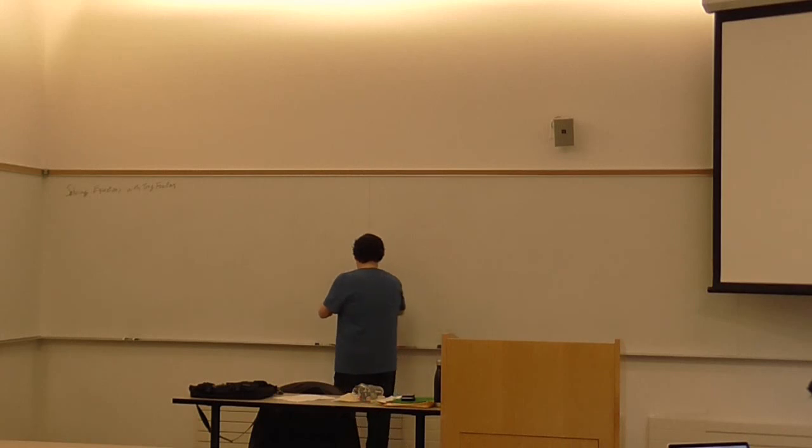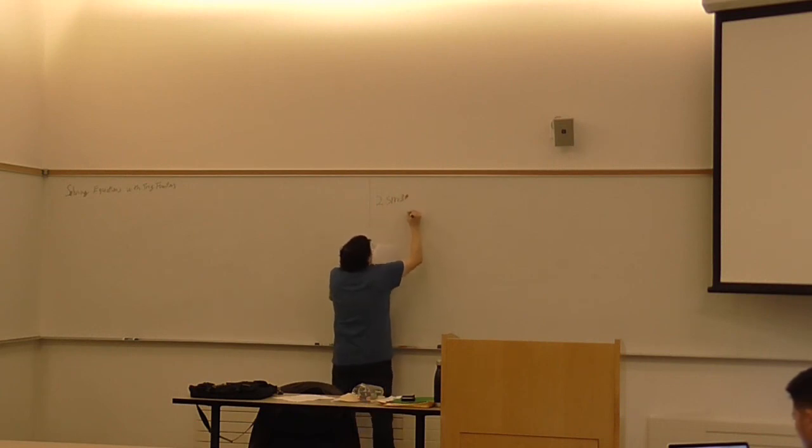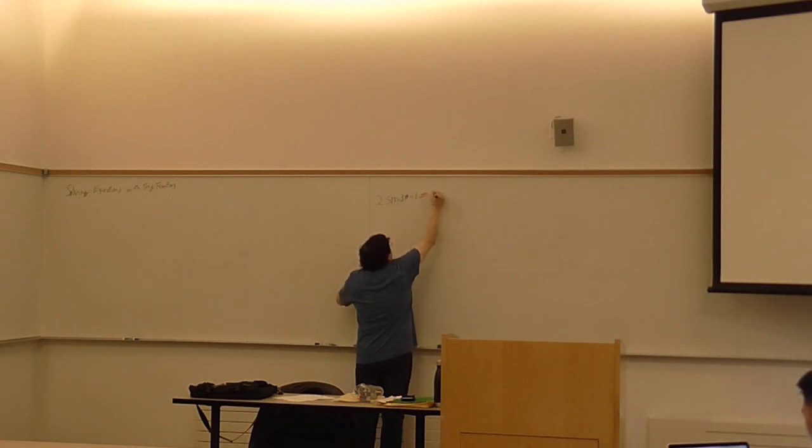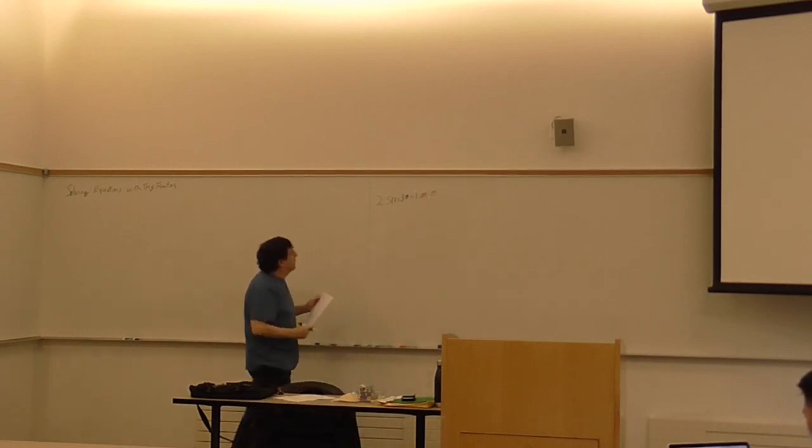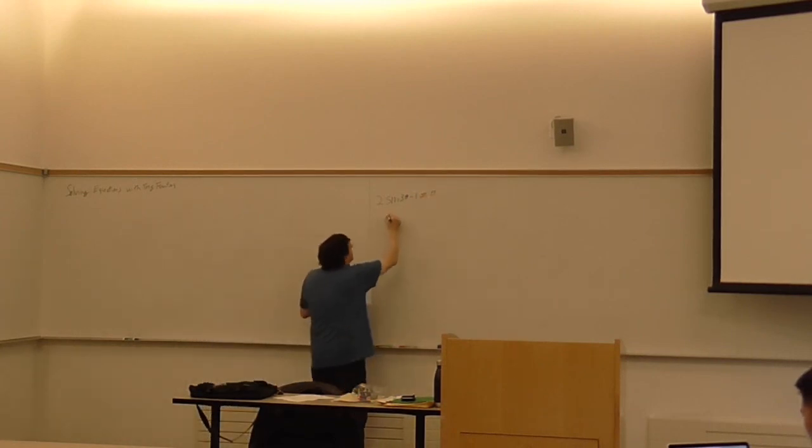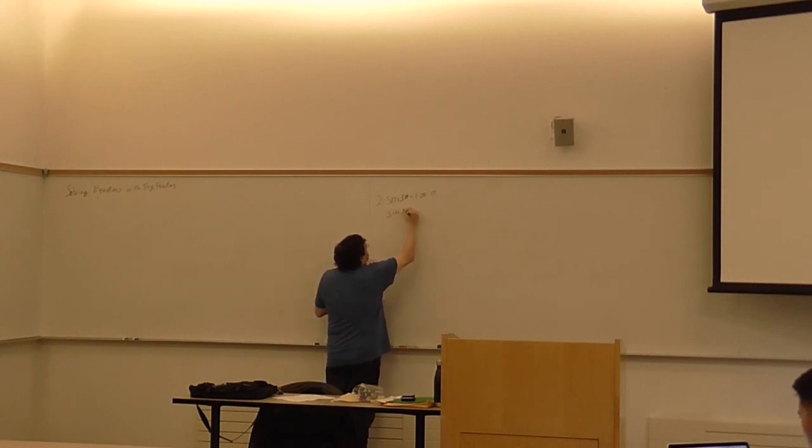Let's take a look at just a simple case. 2 times the sine of 3 theta minus 1 equals 0, or sine of 3 theta equals 1/2.